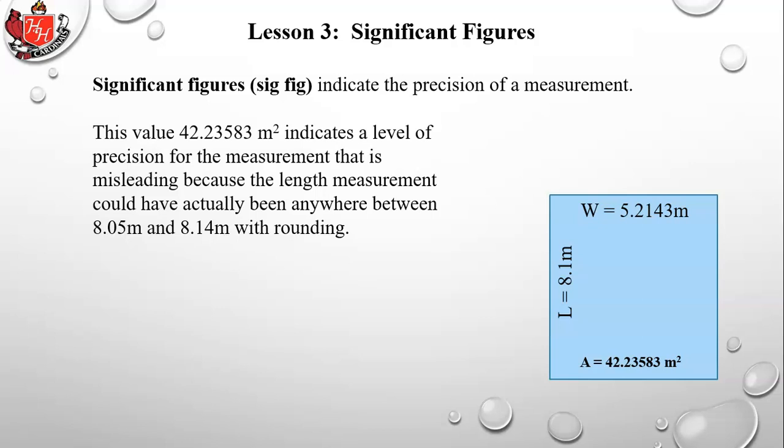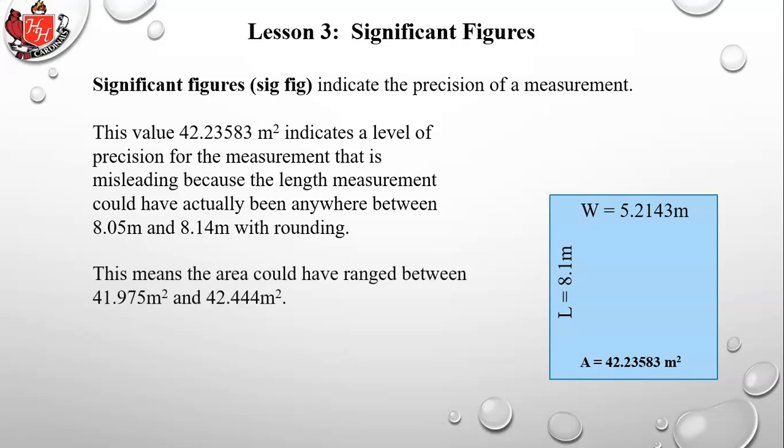So we can't really state that the measurement is exactly 42.23583. Let's just do the math on that. This means that the area could have ranged between 41.975 and 42.444. That is, if we had multiplied the very precise measurement of the width, 5.2143, by 8.05, we would have gotten 41.975.